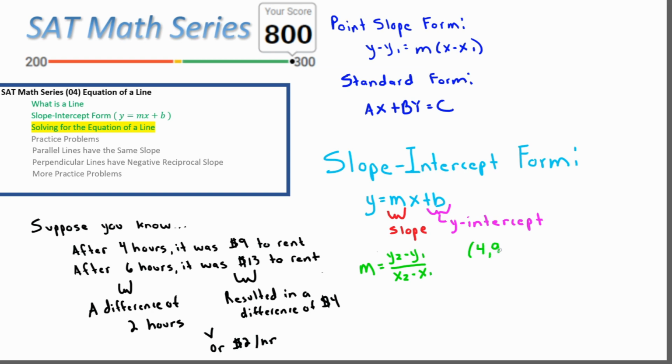Or, in this case, how much did the cost change per time in hours. And so, a little more formally, what we did is we took two coordinate pairs, that was (4, 9), after 4 hours it was $9, and (6, 13), after 6 hours it was $13, and we basically calculated the slope of this line.